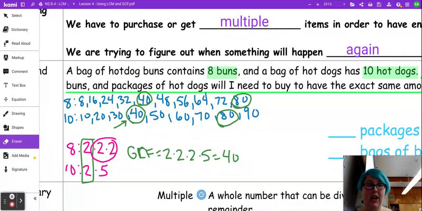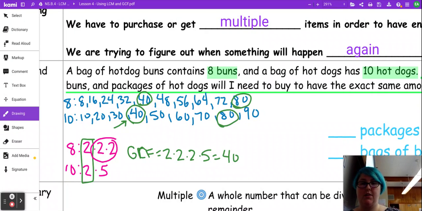Now we need to figure out how many total packages, because we know we need 40 hot dogs and buns total. So we know 40 equals 8 buns times some number.